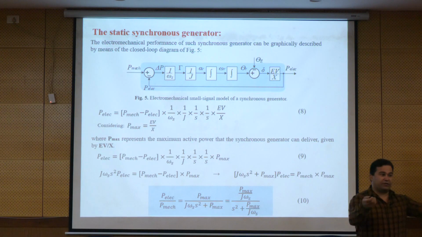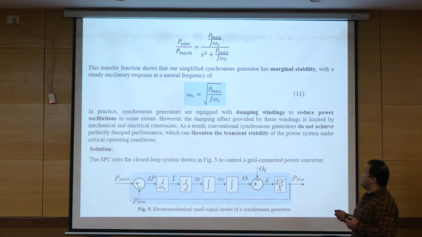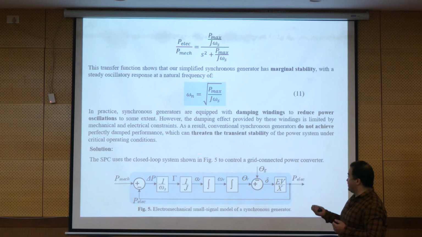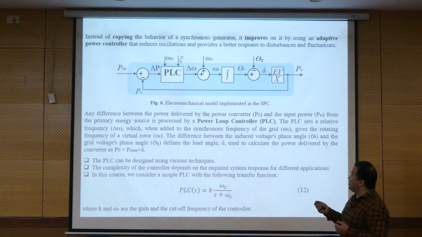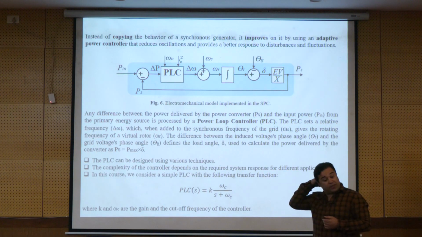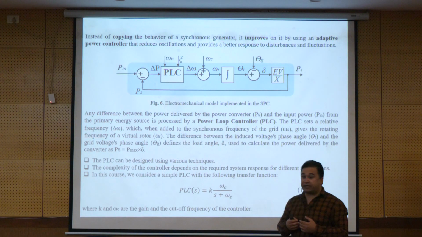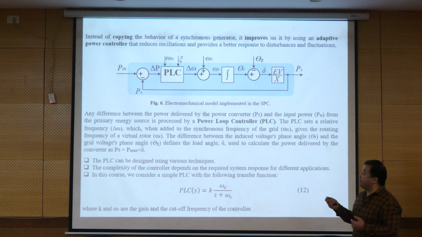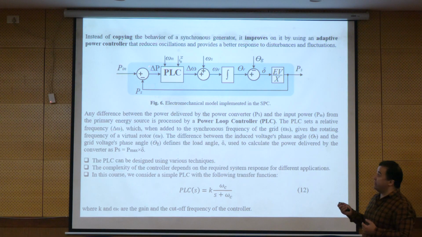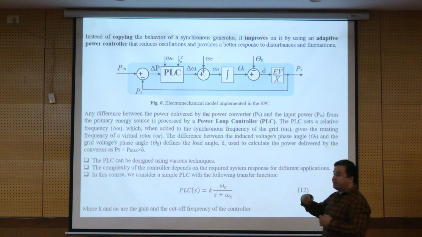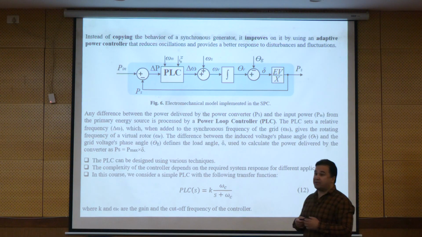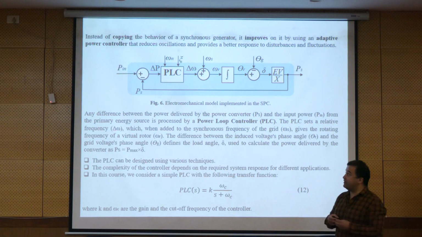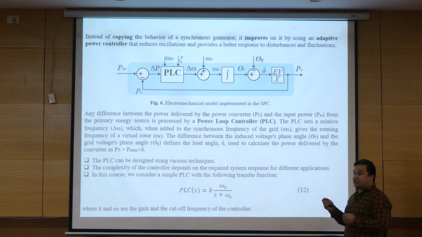Up to here, I think it's completely clear, but we mentioned that for this model, we need to consider some extra benefit in comparison with the conventional synchronous generator. For this reason, we add a PLC, which gives the difference between the reference power and measured power. When we have this fluctuation, it goes to the PLC, and the PLC calculates the value of the frequency changes.